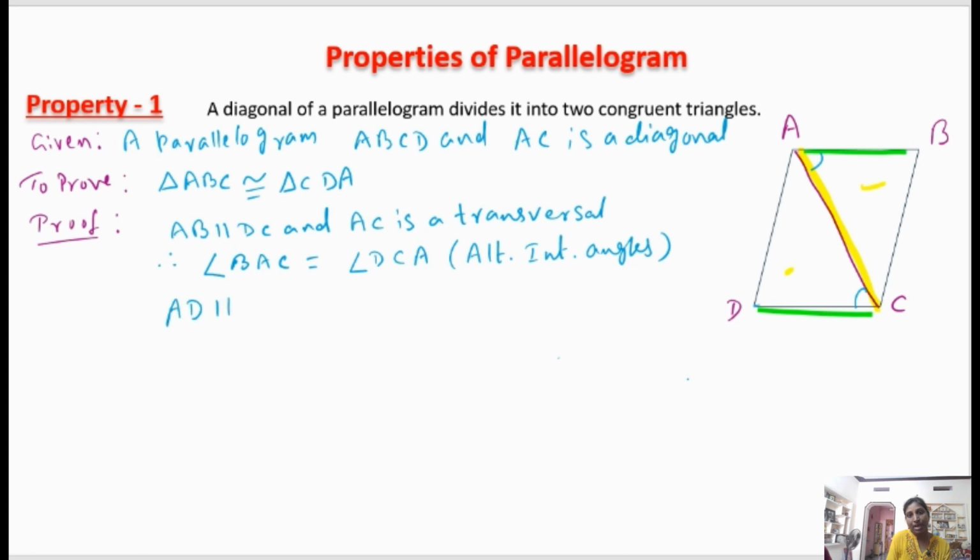Now again, AD is parallel to BC, and AC is a transversal. So here also you can see a Z or N shape.